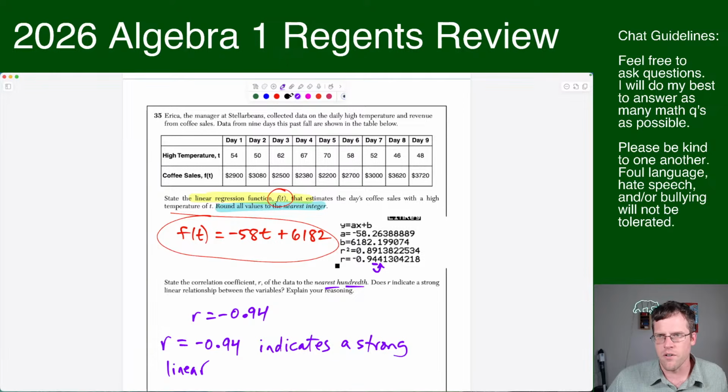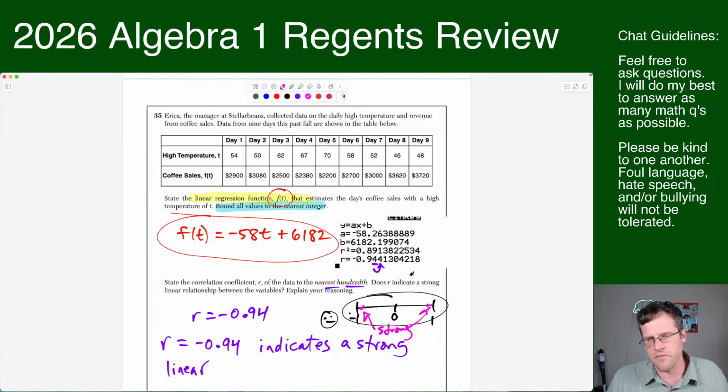This is the theory to know. R is only going to be between two numbers. It's going to go from negative 1 to positive 1. The closer you are to the end, like if you're here or here, this is very strong. If it's equal to 1 or negative 1, then it's a perfect fit. It is basically a line.